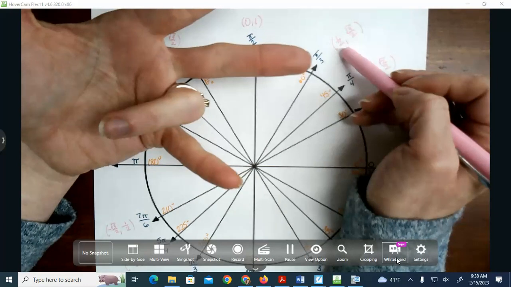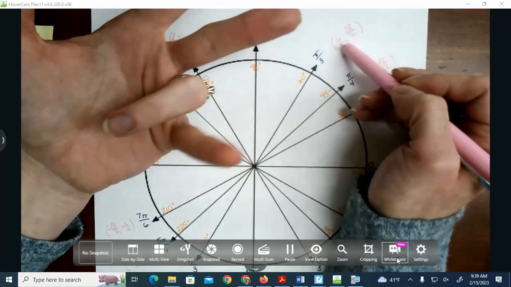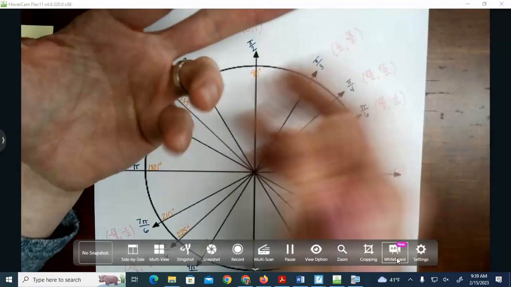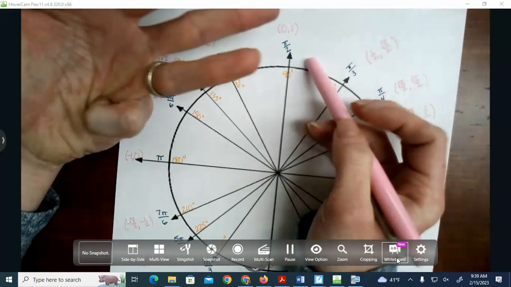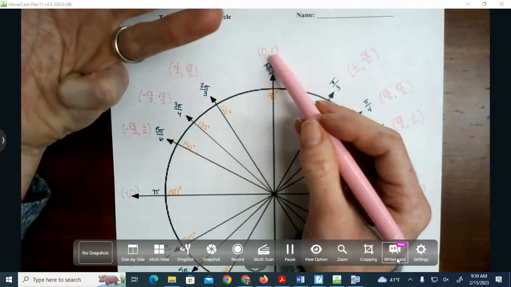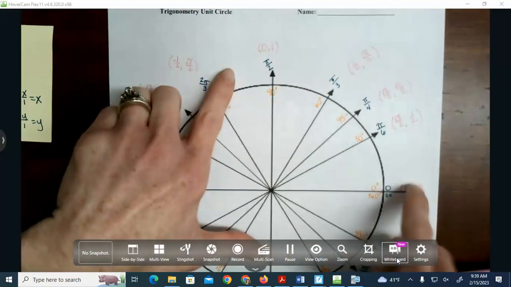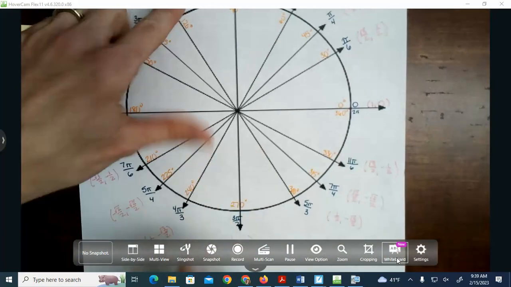At 60, sine was radical 3 over 2, cosine radical 1 over 2, or 1 half. At 90, sine is the square root of 4 over 2, which is 1. Cosine is the square root of 0 over 2, which is 0. So these are your values of sine and cosine.